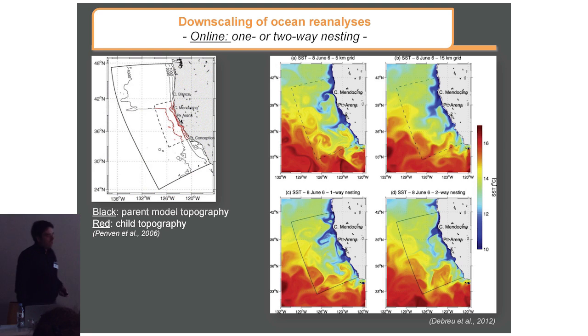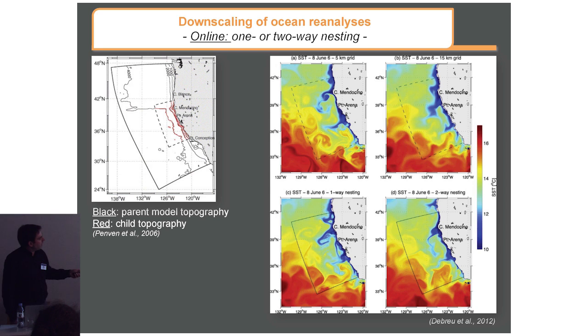You don't see it very well, but the topography is slightly different because, of course, we have a better resolution in the small domain. When we look at, for example, an SST, sea surface temperature, map, you see the large domain and the small domain, for a given date. This is for the 5-kilometer model inside the square. This is for the 15-kilometer model inside the square. And this is when we nest one way.